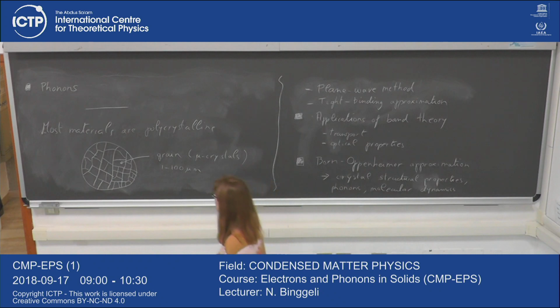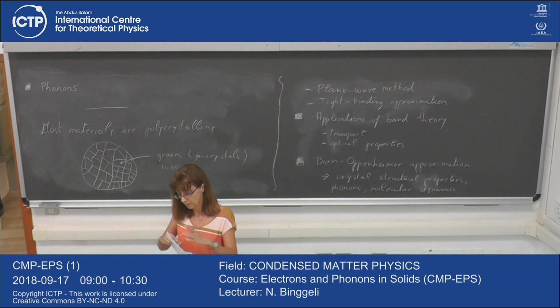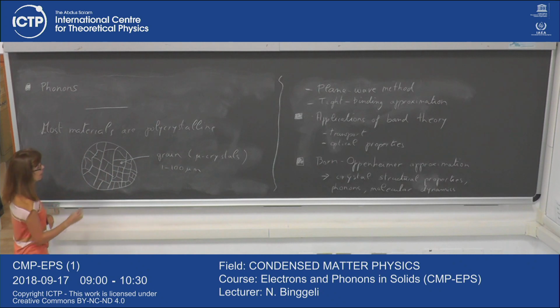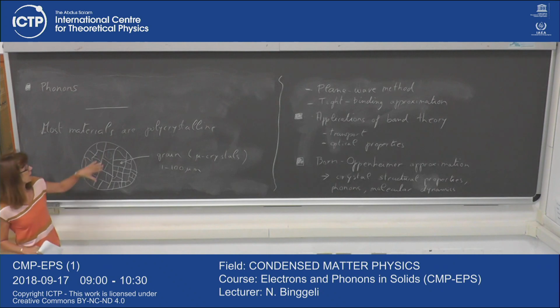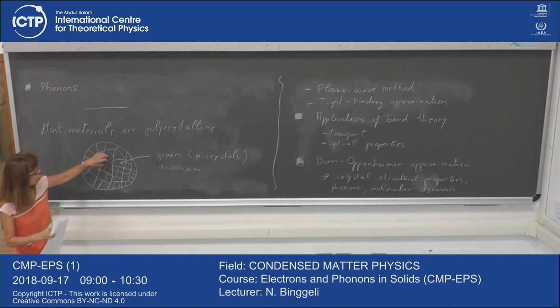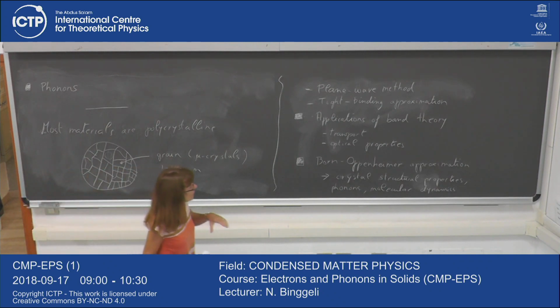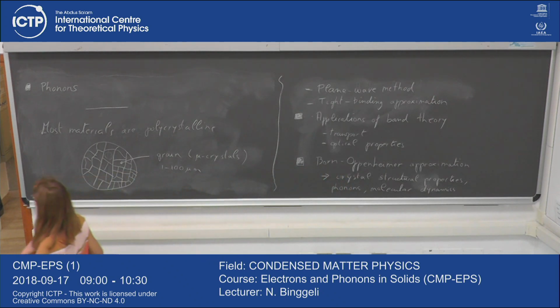The reason it works, or makes sense, is that many of the material properties are actually established on a very local scale. Many properties are already established for a piece of matter of the order of the nanoscale, a few nanometers, or even smaller, in some cases a bit larger.